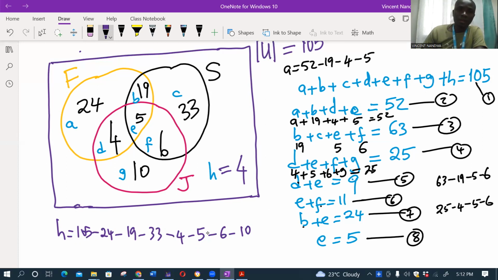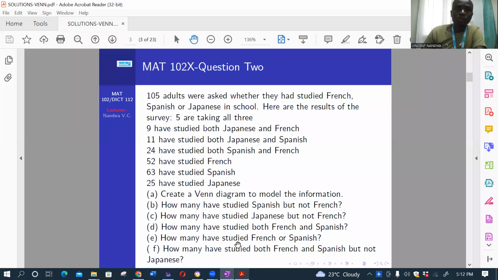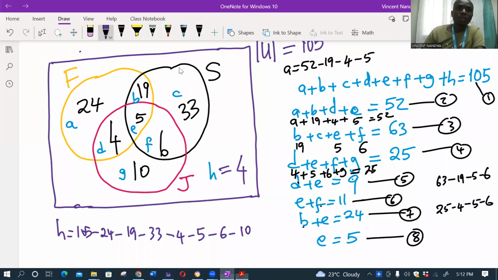Then part B, the question is to find how many have studied Spanish but not French. So this means that we go to the set S and pick everything that is in S apart from those which can be counted to be in F. So S is this black set.